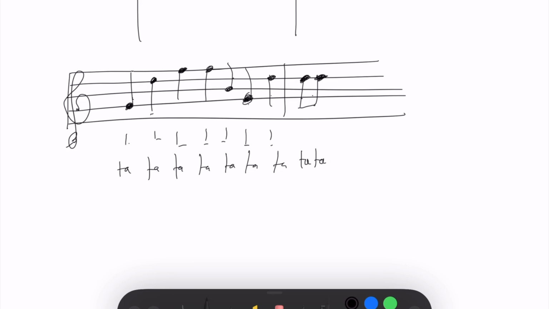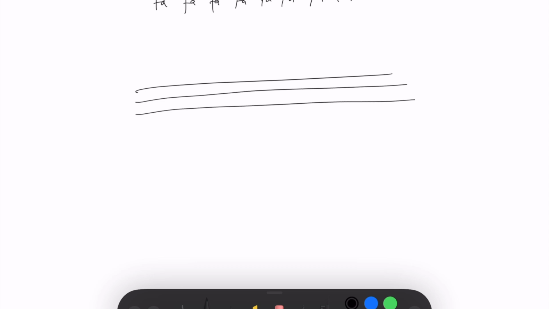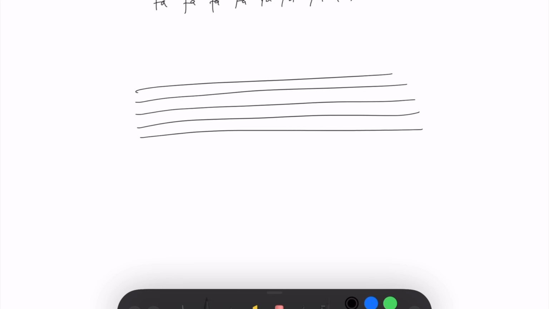Now the rule of thumb is this: you have a stave, and you have a note like that. If you have a note with a stem, the rule of thumb says that after the third line, you should bring the stem down.